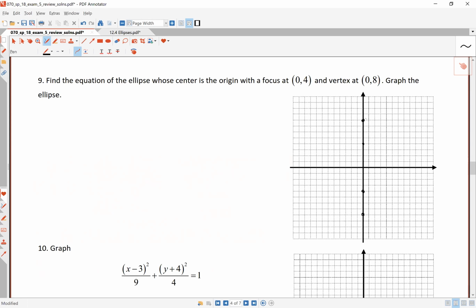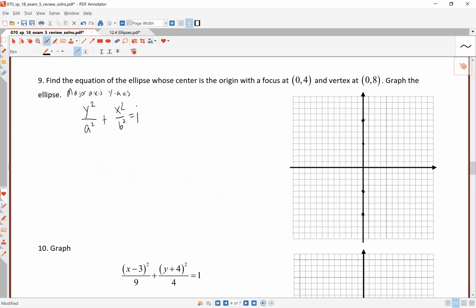So this tells us our major axis is on the y-axis. So this ellipse is going to look like y squared over a squared plus x squared over b squared equals 1.